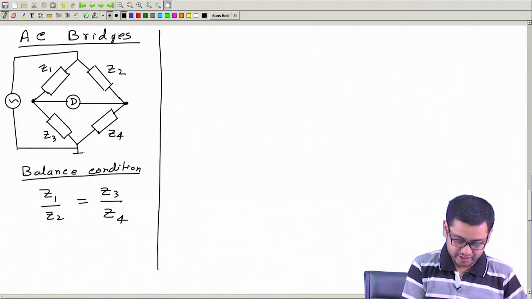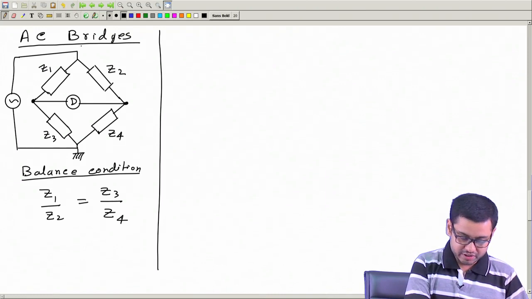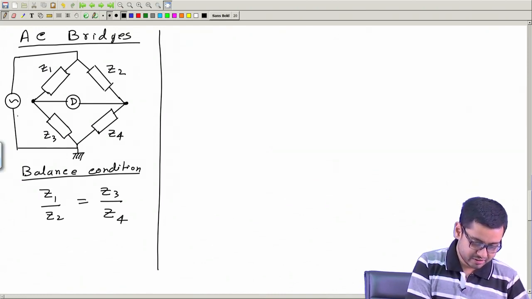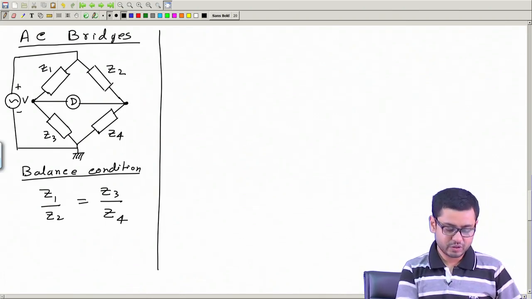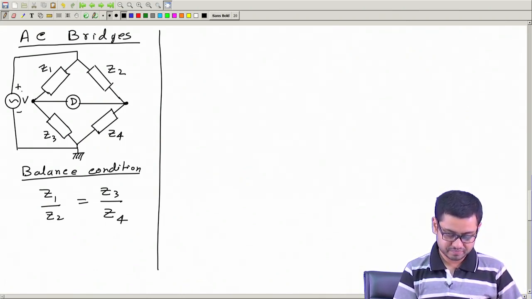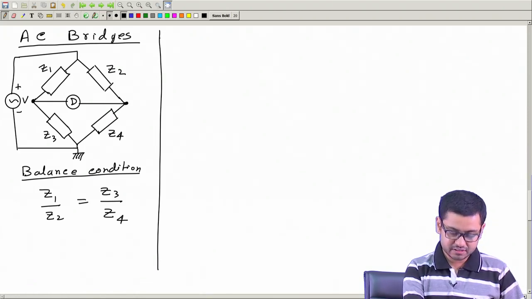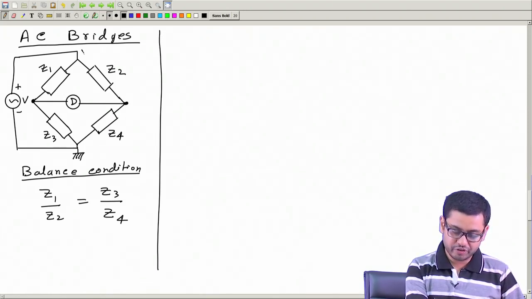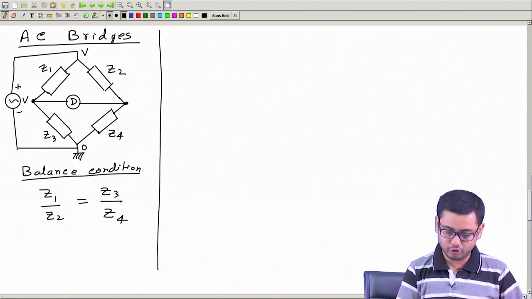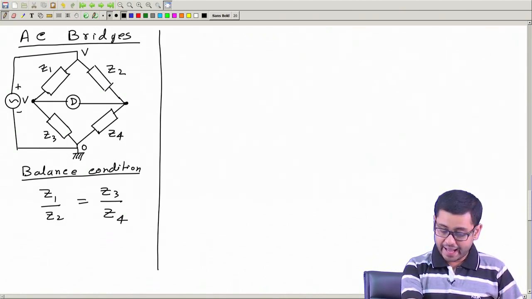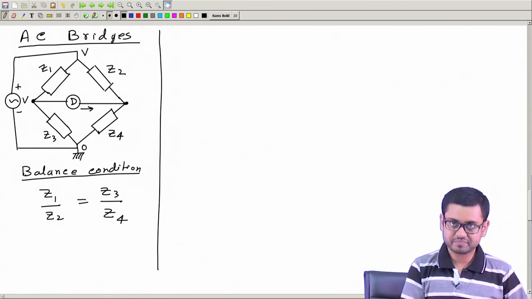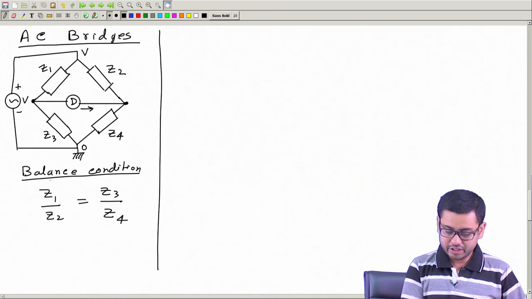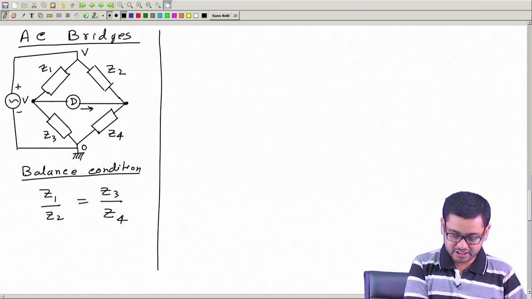So, let us take this point as reference, and call the source voltage V. Now, V is a phasor. Then this voltage will also be V, because this is the reference 0 volt. Therefore, at balance, if no current is flowing through the detector, no current goes out or in from here.